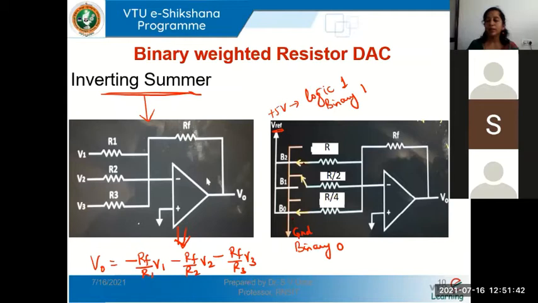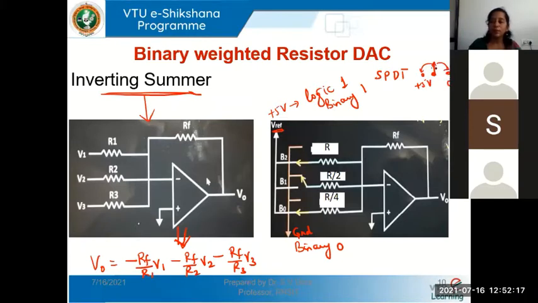So you see how the connection is done at the ends of the resistors. Normally, we use switches here, which allow us to connect either to Vref or ground. It is a single pole dual throw switch, which we call SPDT. You can either connect it to plus 5 volts Vref, or connect it to 0.